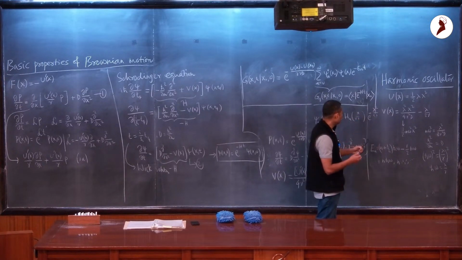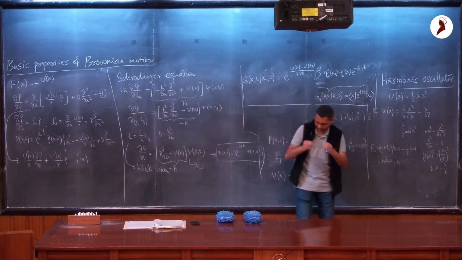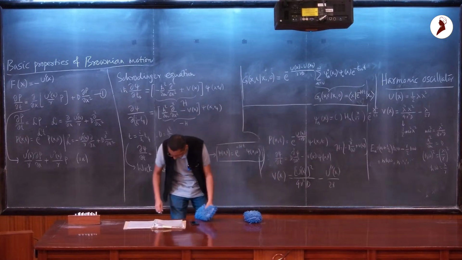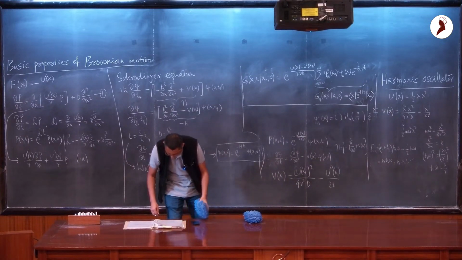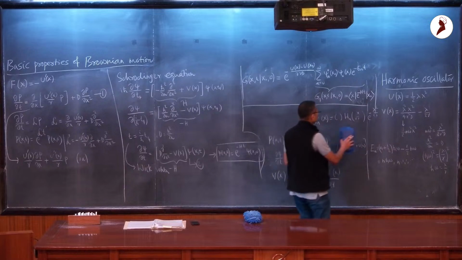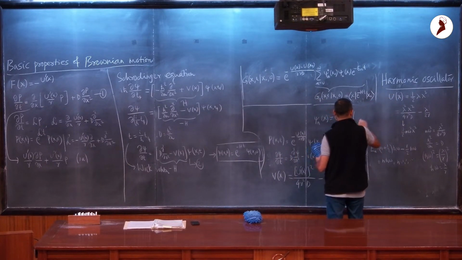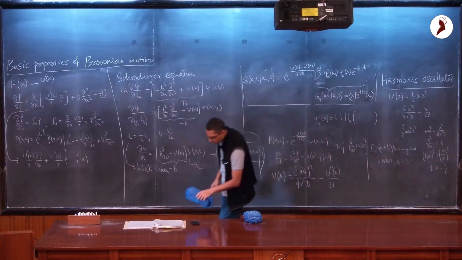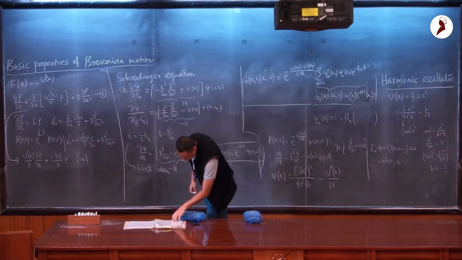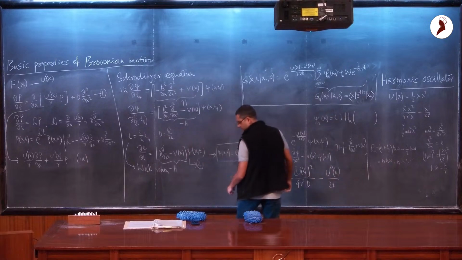So we are going to find out what this Gaussian is. Maybe let me just put the whole thing. So H_n of, mω by πħ to the power 1/4.